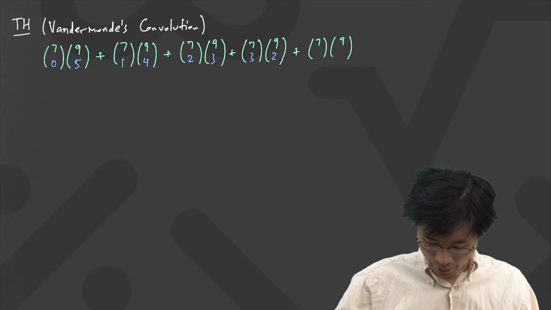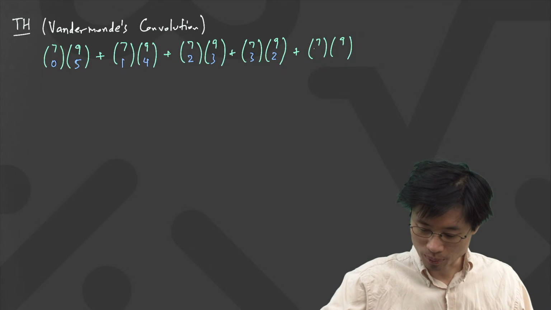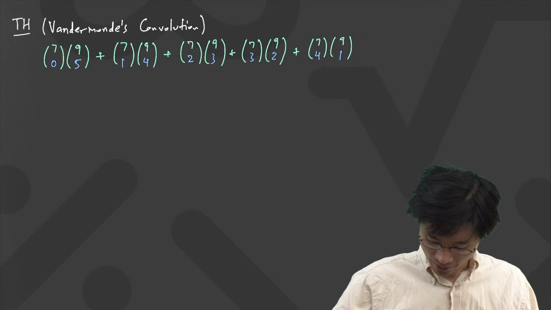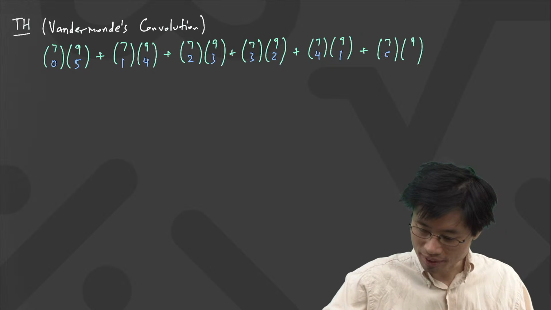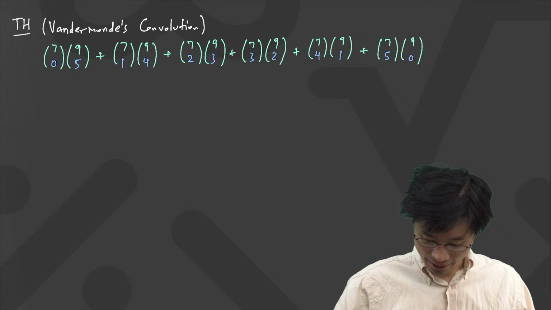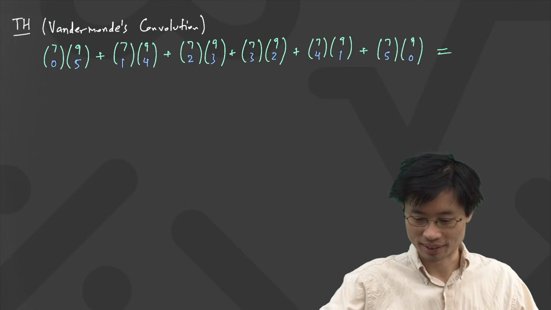You can hopefully see the pattern of what's going on. And this will be 4 and 1. And the last one is going to be 7 choose something, 9 choose something. And those will be 5 and 0. This turns out to equal something nice.